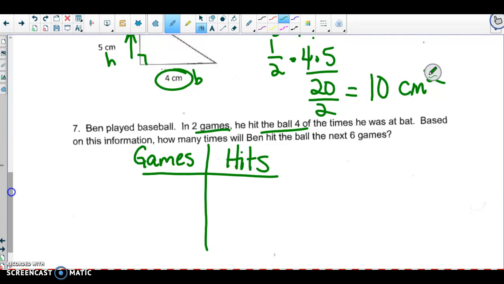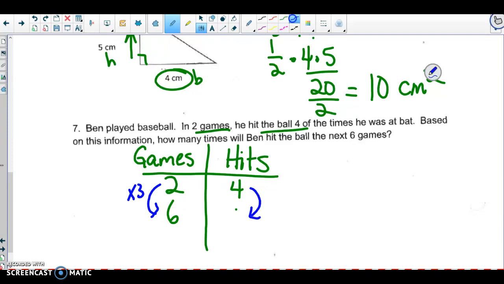That's fine. They tell us that for 2 games there were 4 hits. Okay, and so based on this information, how many times will they hit it? So we don't know this one right here in the next 6 games. Well, there's a couple of different ways we could look at this. We could look here. 2 times 3 gives me 6.